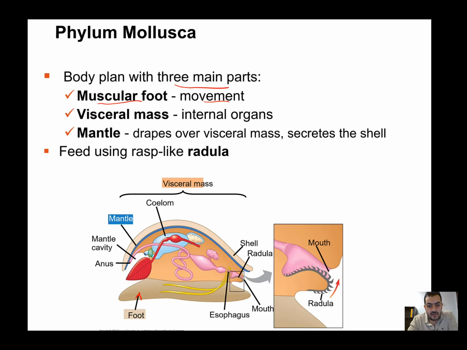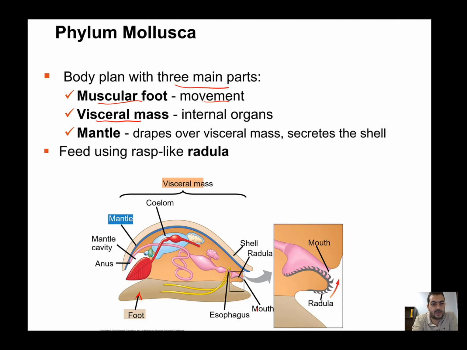Then we have the visceral mass, so all the internal organs, and as you can see we have a digestive tract that starts with the mouth, and the mouth has evolved first. Then it ends with the anus, and it has a circulatory system and nervous system. So all these internal organs are collectively known as the visceral mass.